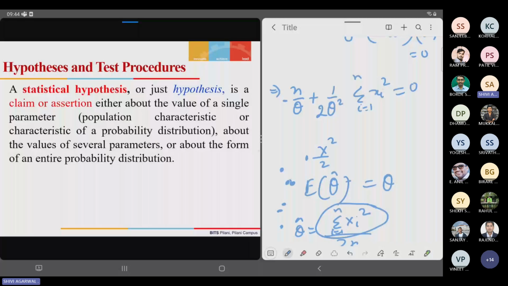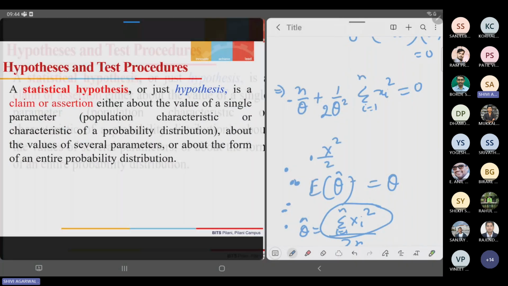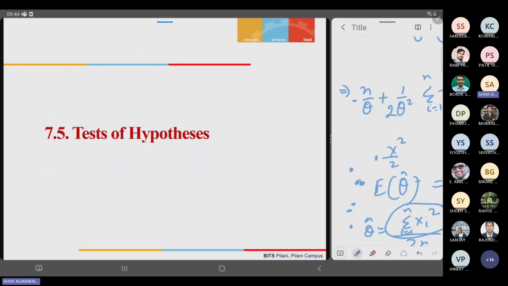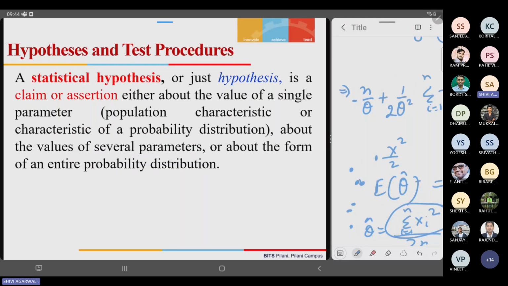So now we are just going for hypothesis testing. That is section number 7.5 according to your textbook. So as I told you, we have done point estimation, interval estimation. Now we are doing the testing of hypothesis.